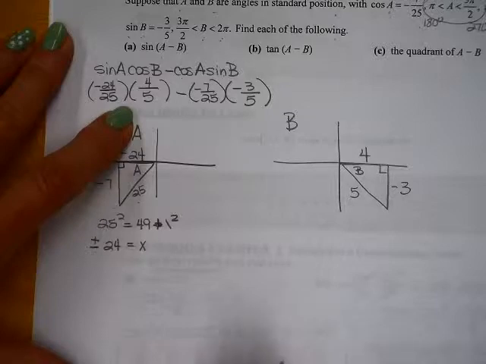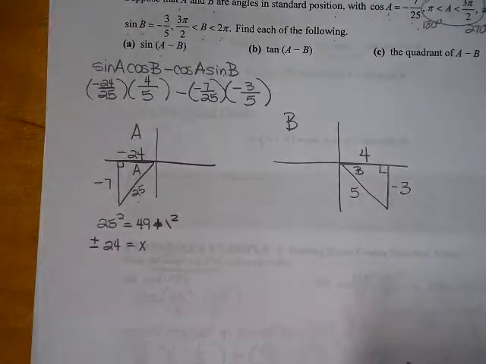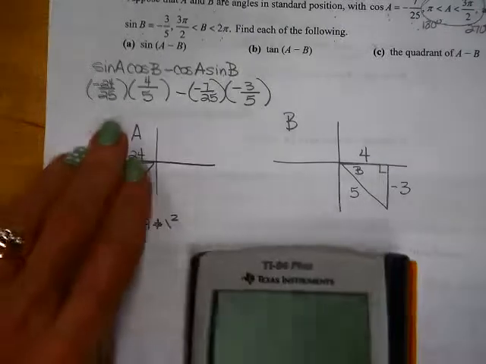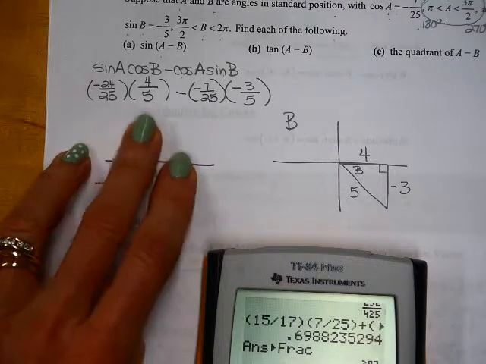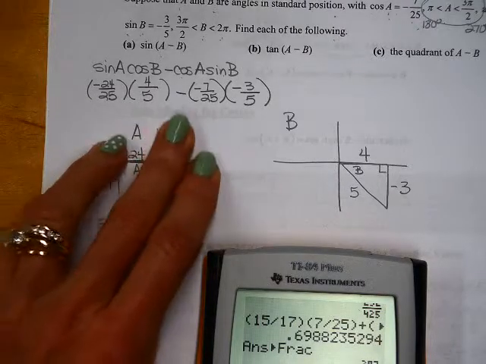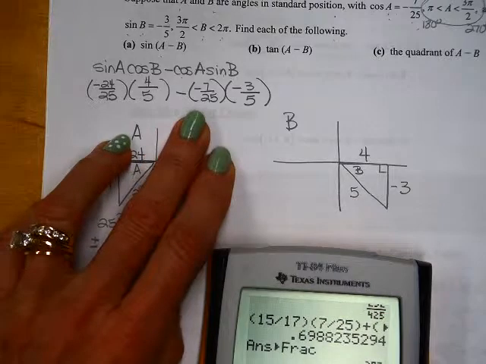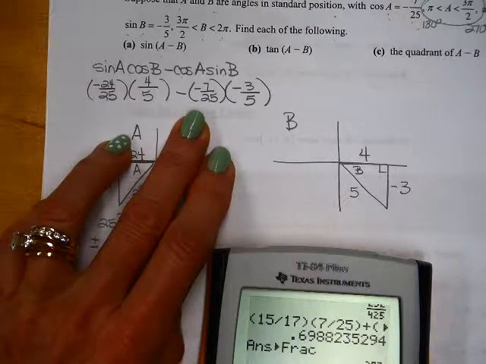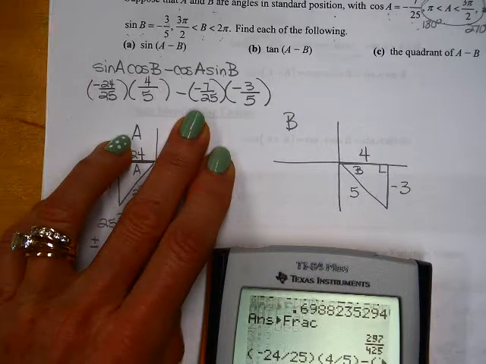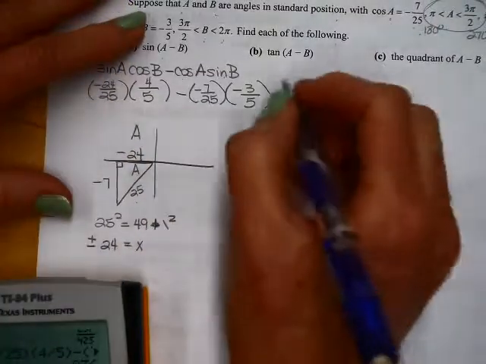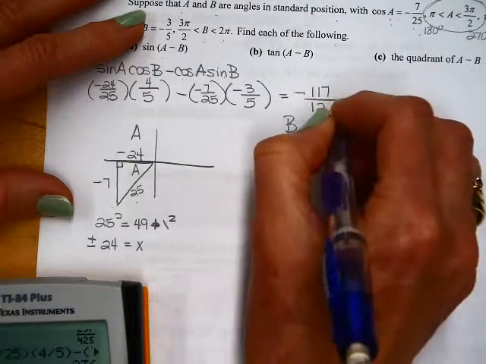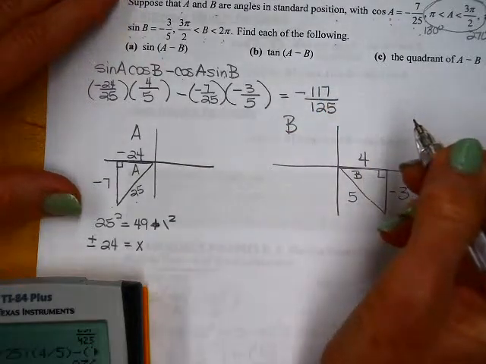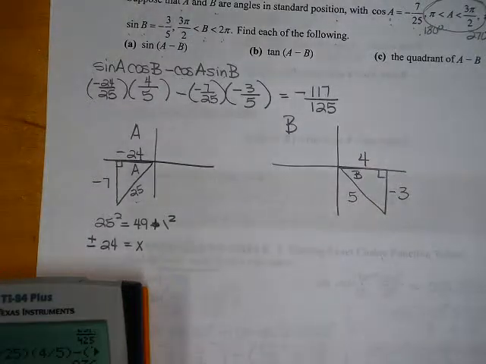And at this point it goes into your calculator. So what in the world do we get? If I type this in right, I got negative 117 over 125.